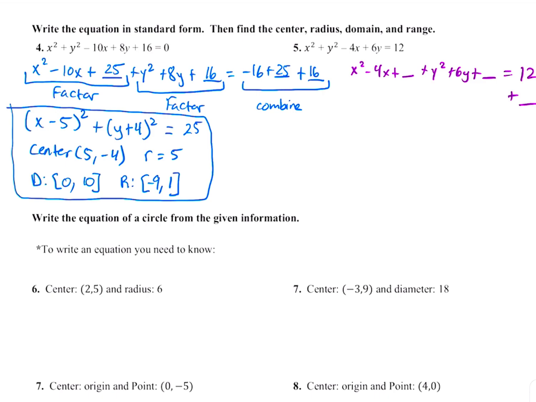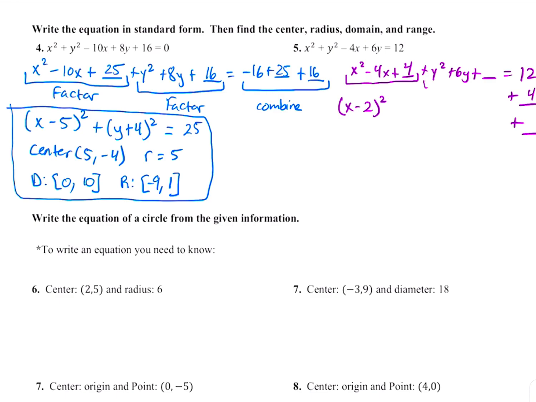And then I'm going to need to add those same numbers. So for these first three, this will factor into x minus 2 squared. Again, negative 4 divided by 2 gives me 2, and if I square this number, that will be a 4. And then I need to put that in the first blank on the right side of my equal sign.